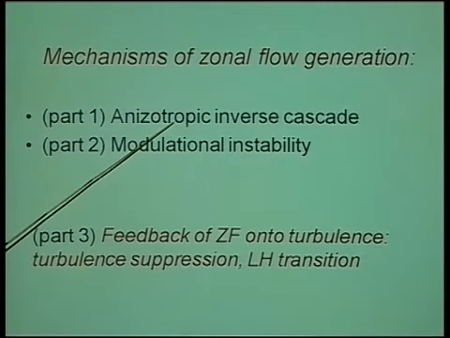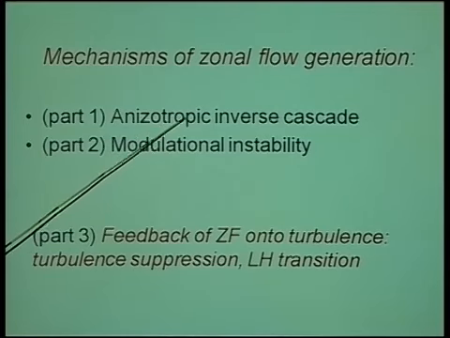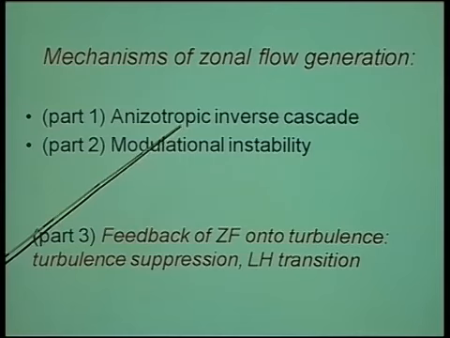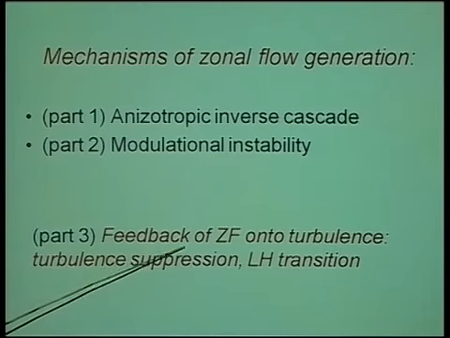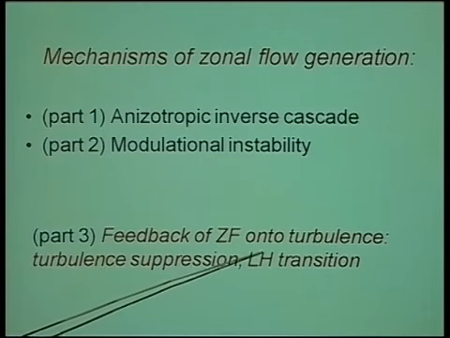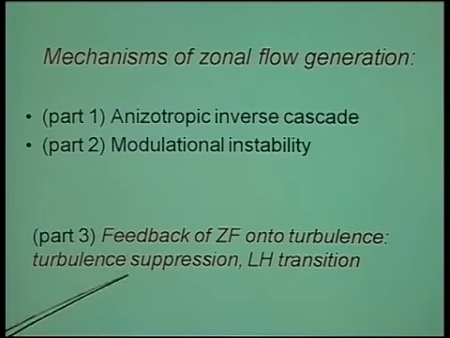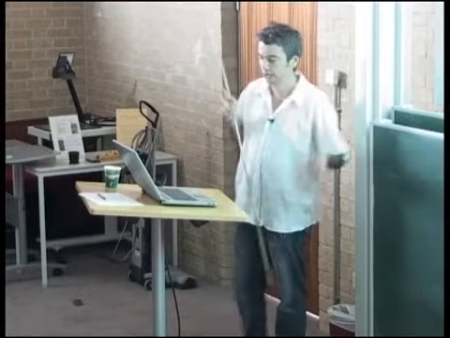There is an interplay, and they could be considered as views from different angles of the same mechanism, but factually there are essential differences, local versus non-local transfer. And in part 3, I'll talk about the feedback of zonal flow onto the turbulence and suppression of turbulence, which you can call LH transition. If you want, you can put quotes around it because it's a very simple model.